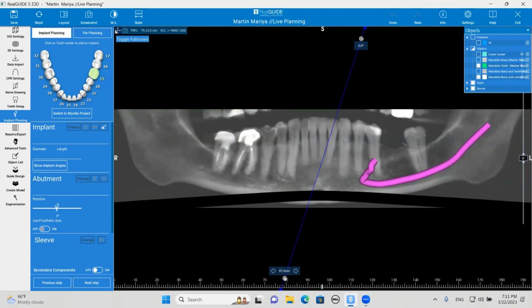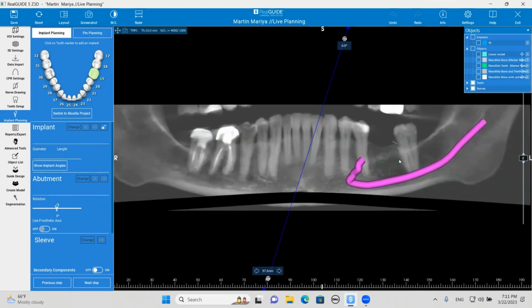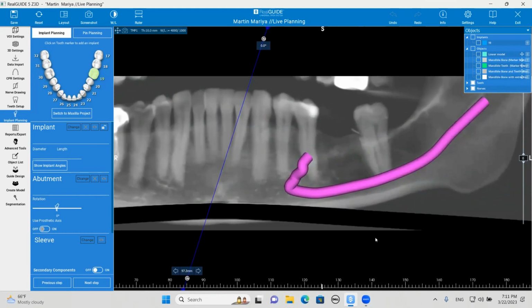For some of the other doctors on, there are 3 types of nerve paths coming from posterior to anterior. The first path is what is called a type 1, which is very high up. It's very close to the apices of the teeth. The second is in the center of the mandible, and the third hugs the inferior border.